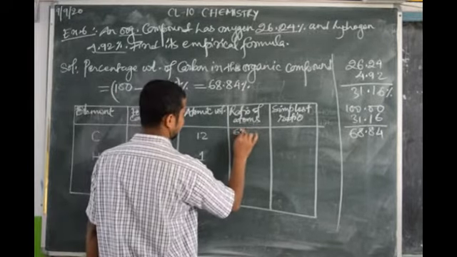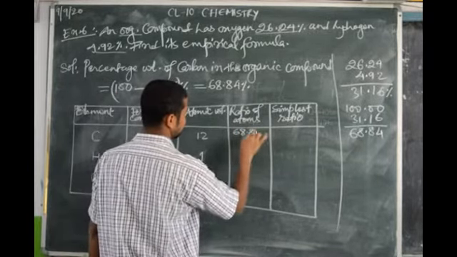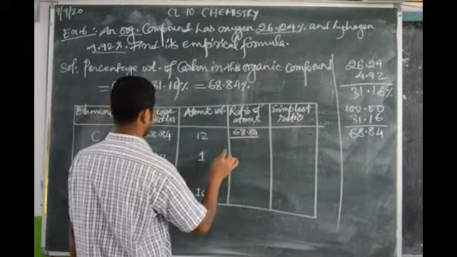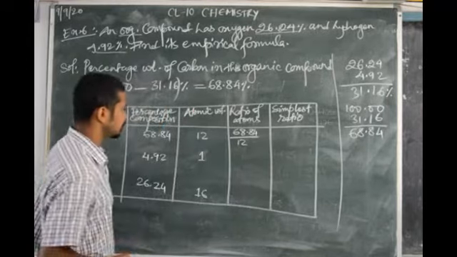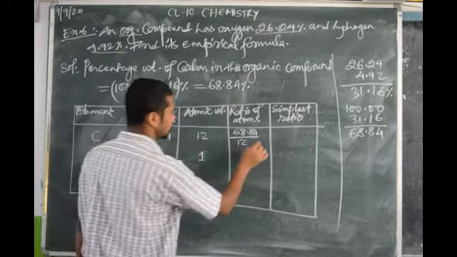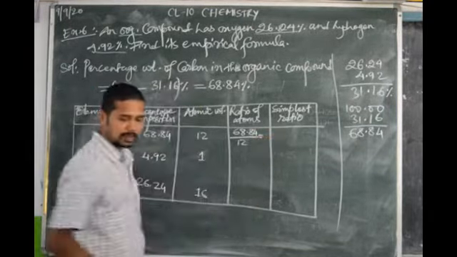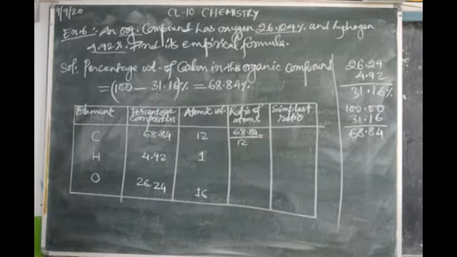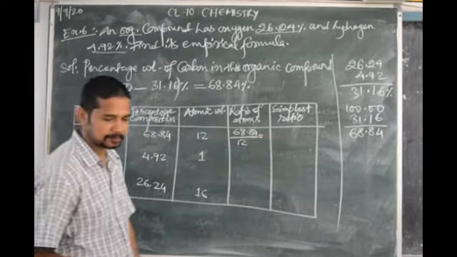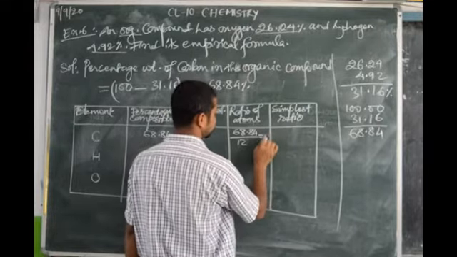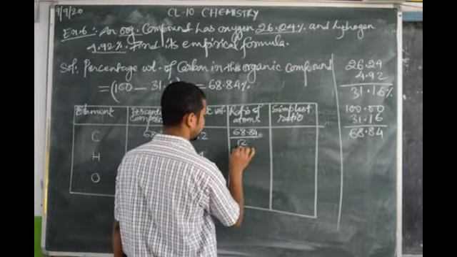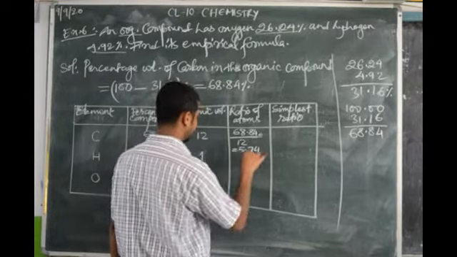So 68.84 divided by 12. How much will you be getting? You will be getting 5.74. You can write here 5.74.